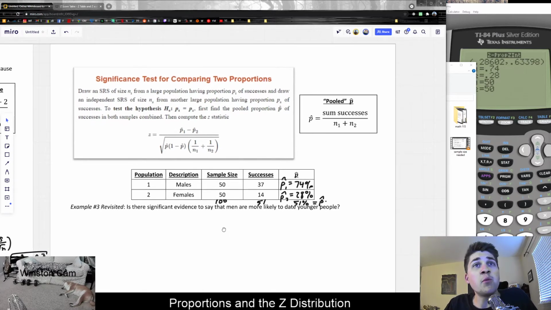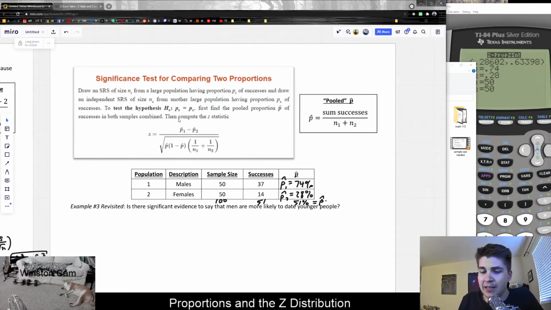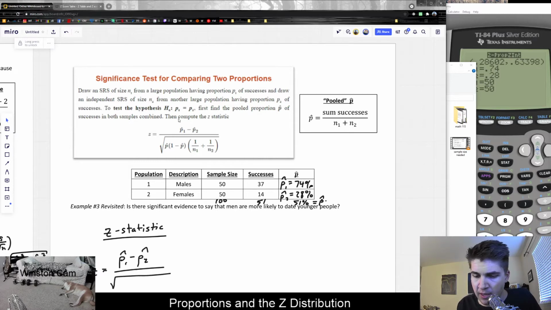So anyways, if we were to do this, we could start by calculating the Z statistic, and then we could use that to figure out what our p-value is. Again, different p, capital P. So for the Z statistic, let's copy down the formula. Z is equal to P1 hat minus P2 hat, divided by the square root of P hat times 1 minus P hat times 1 over N1 plus 1 over N2.